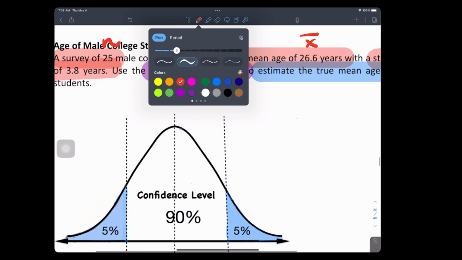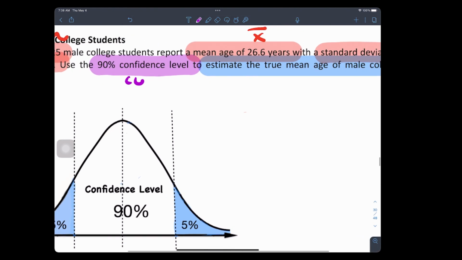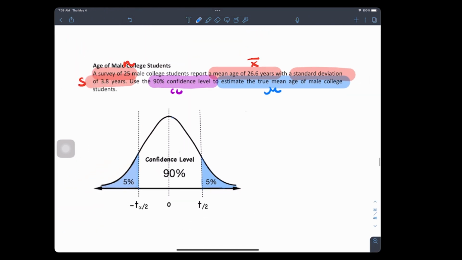What's the confidence level? What are we estimating? True mean. So that format is what? Sample mean minus the error less than the true mean less than the sample mean plus your error. All right, you guys okay with that?